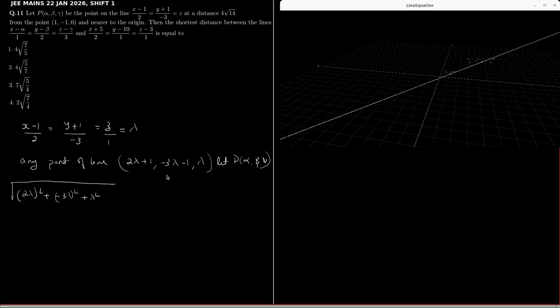So from this point we are calculating the distance to this point, and that distance is given as 4 root 14.